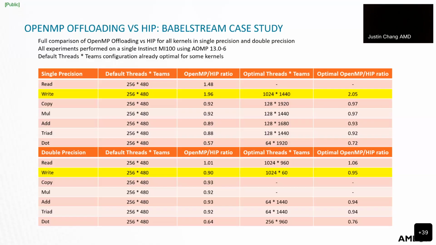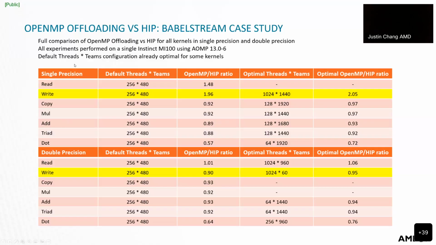All experiments were conducted on AOMP version 13.0-6, which is pretty old today, but nonetheless, the point of this experiment is to show that when you as a user fine tune and parameterize the number of threads or teams, you could actually get a pretty big performance improvement.